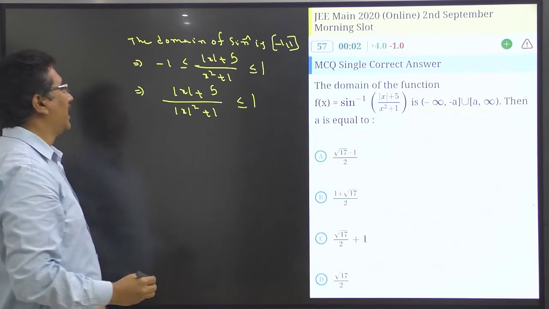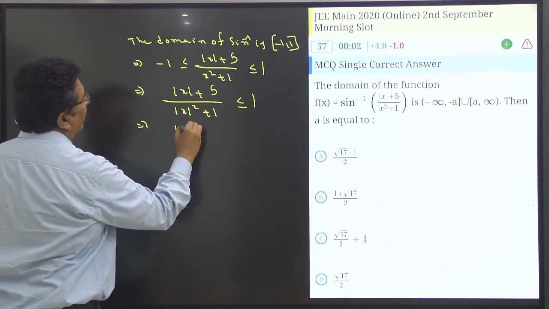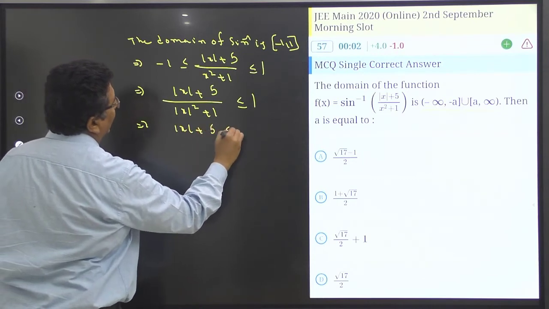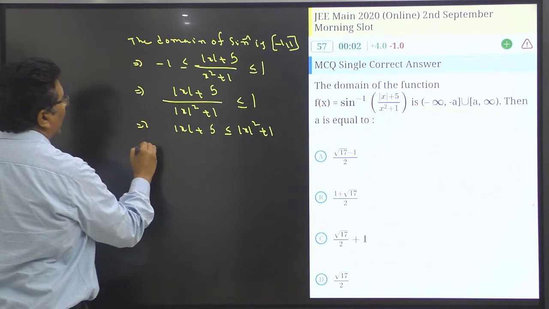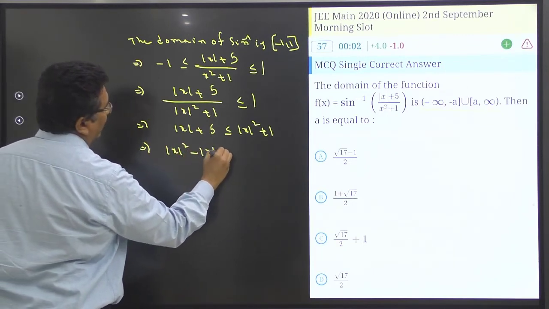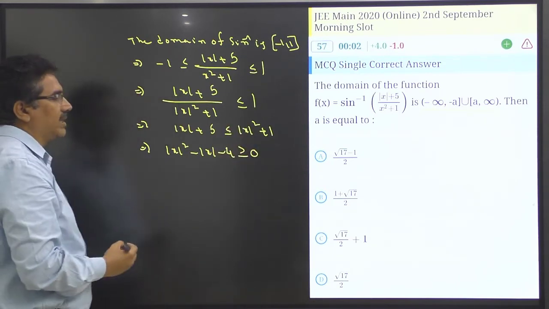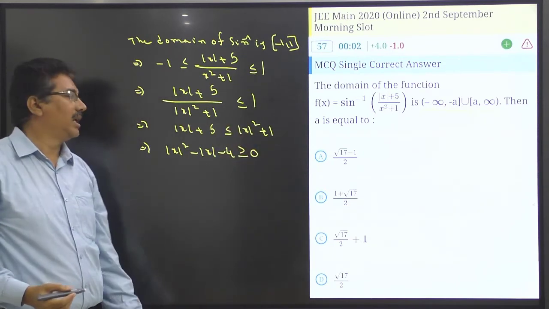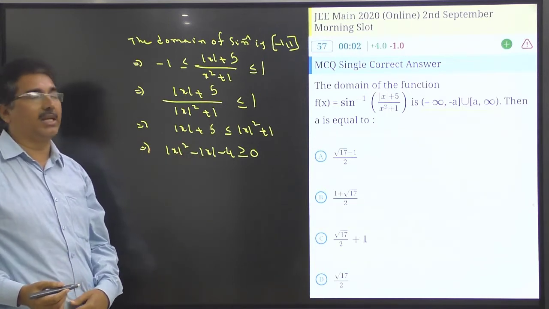Now that implies mod x plus 5 less than or equal to mod x square plus 1. That implies mod x square minus mod x minus 4 greater than or equal to 0. Now, what are the factors of this quadratic expression?